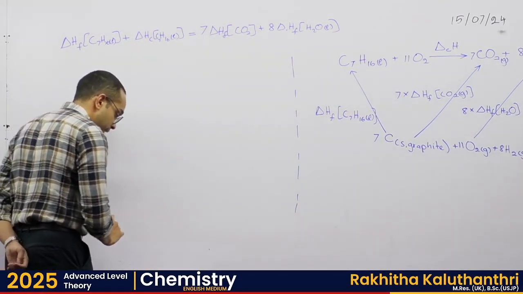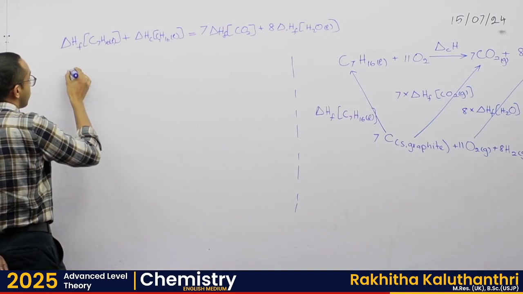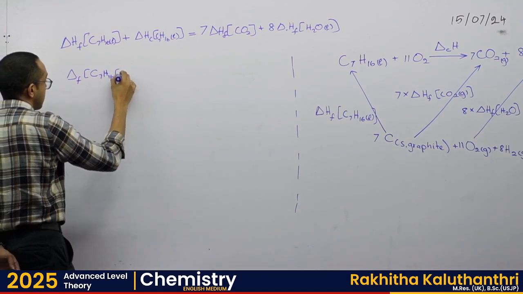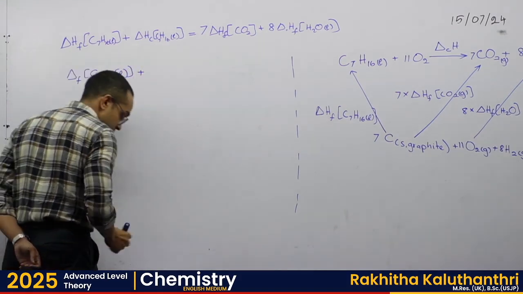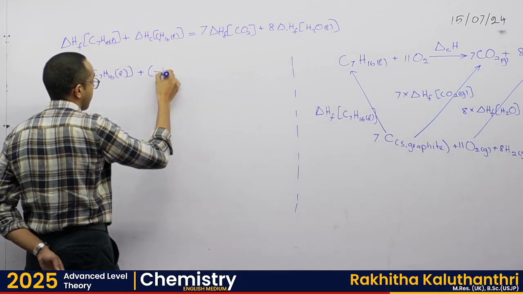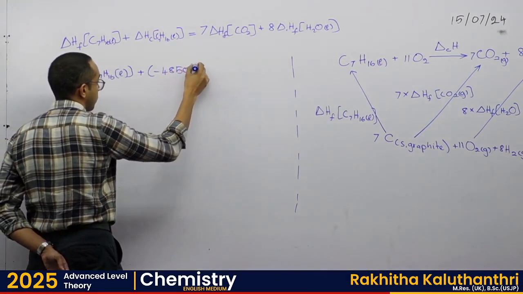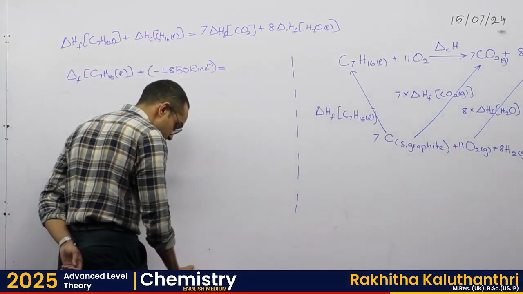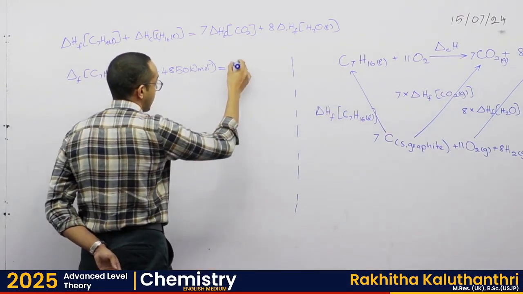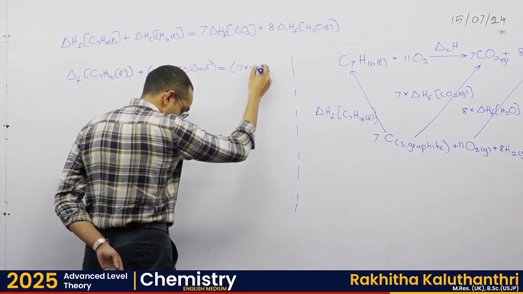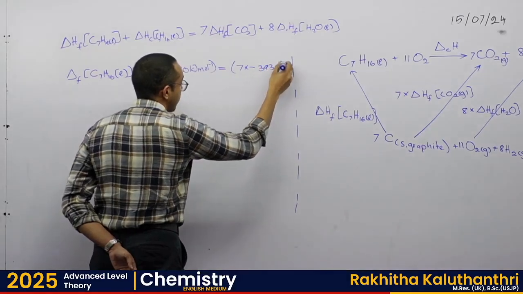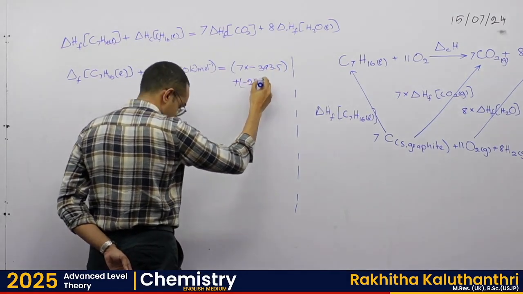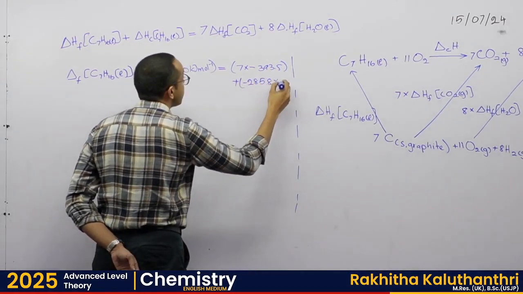For the combustion enthalpy, it is minus 4850. The formation we don't know, we keep it as it is: delta HF of C7H16 liquid plus 4850 kilojoules per mole equals 7 multiplied by minus 393.5 plus minus 285.8 into 8.